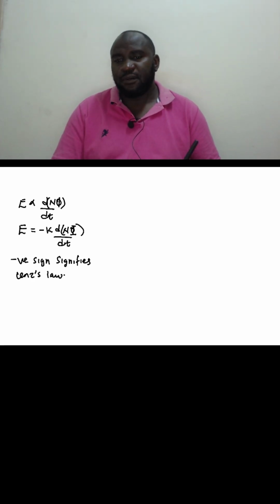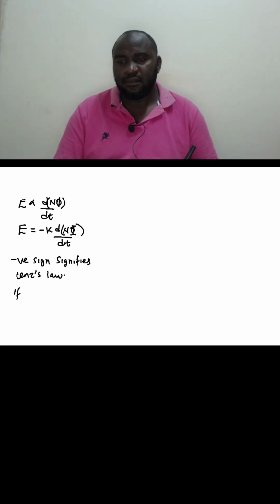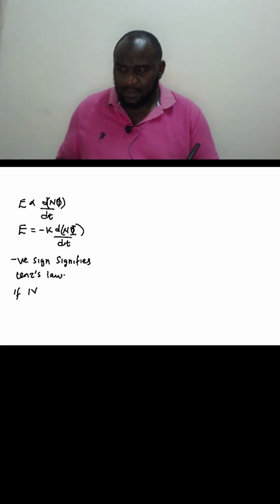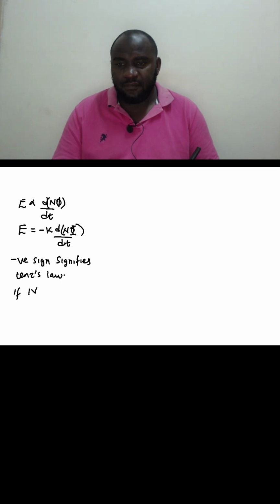And therefore, if 1 volt is induced, and this is the total voltage induced, and the total flux is 1 Weber in a time of 1 second, then the value of K is 1.